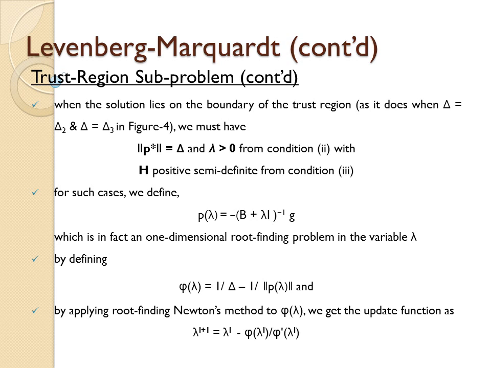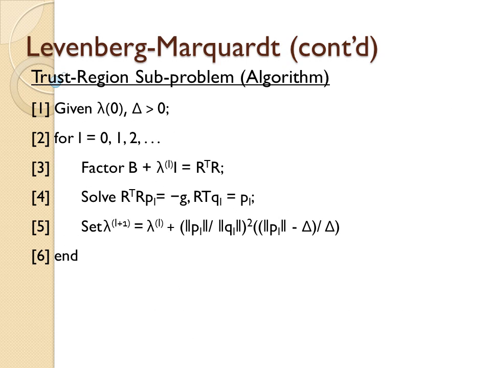By defining phi(lambda) equals 1 over delta minus 1 over norm of p(lambda), we apply Newton's method and get the update function as lambda_(l+1) equals lambda_l minus phi(lambda_l) divided by phi prime(lambda_l). This is the algorithm with which the subproblem needs to be solved.